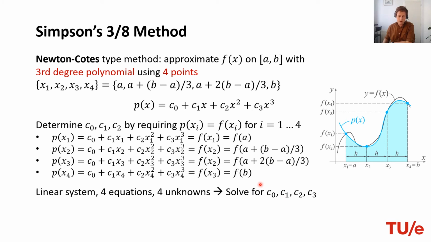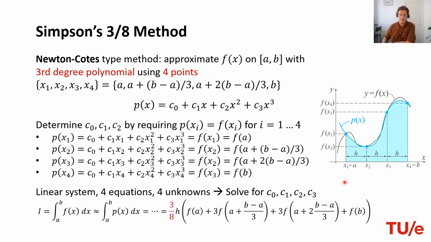Also, again here, the details are not so important. The fact that you can write these c0 explicitly as combinations of f(a), f(b), and f at these middle points, that's also not very important. That's not the main point here, but the main point is that, again, we replace f of x on this interval by this polynomial for coefficients that we can determine if we want, and you could look up what they are exactly, but that's not the main point.